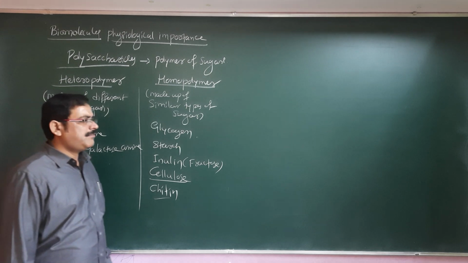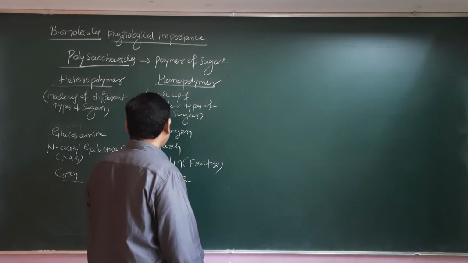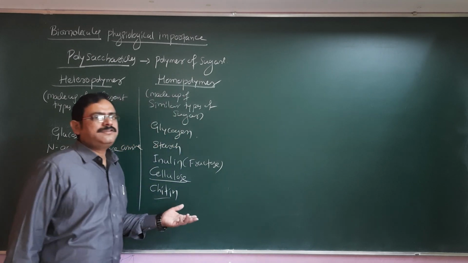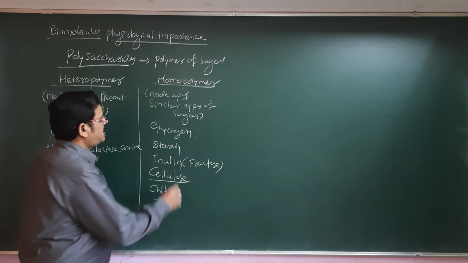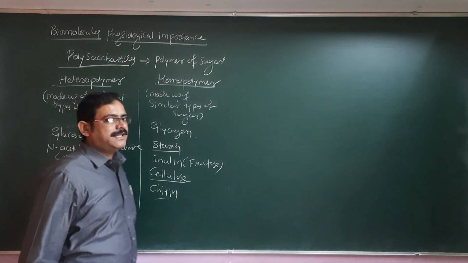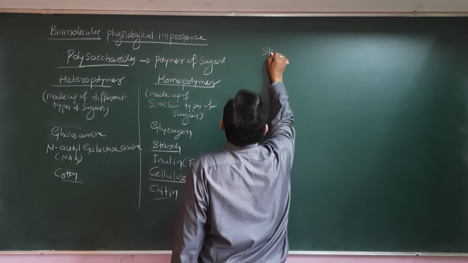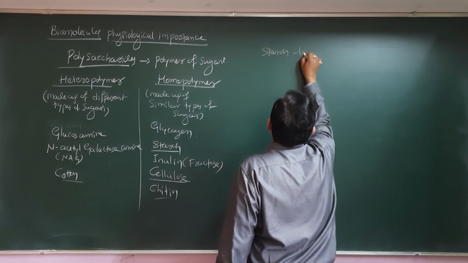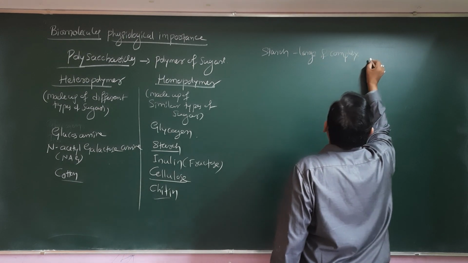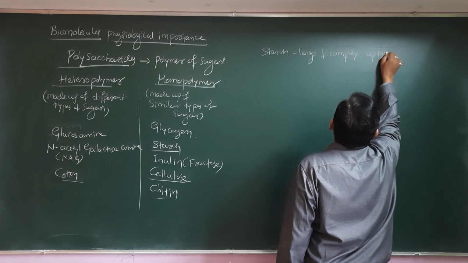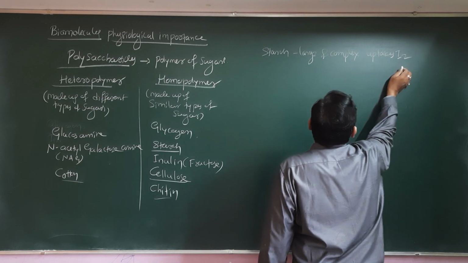So as examples, they can be so simple and they can be so complex also. Starch is much more complex than cellulose. Why? Because starch is large and complex, and it takes up the iodine stain.